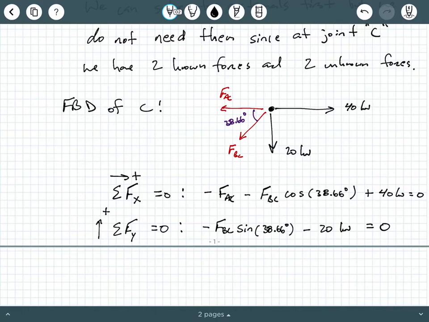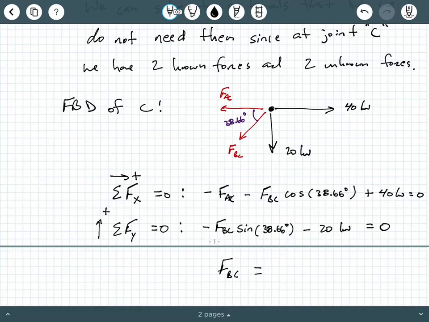FAC and the 40 kilonewtons don't come into play because neither of them has a vertical component.